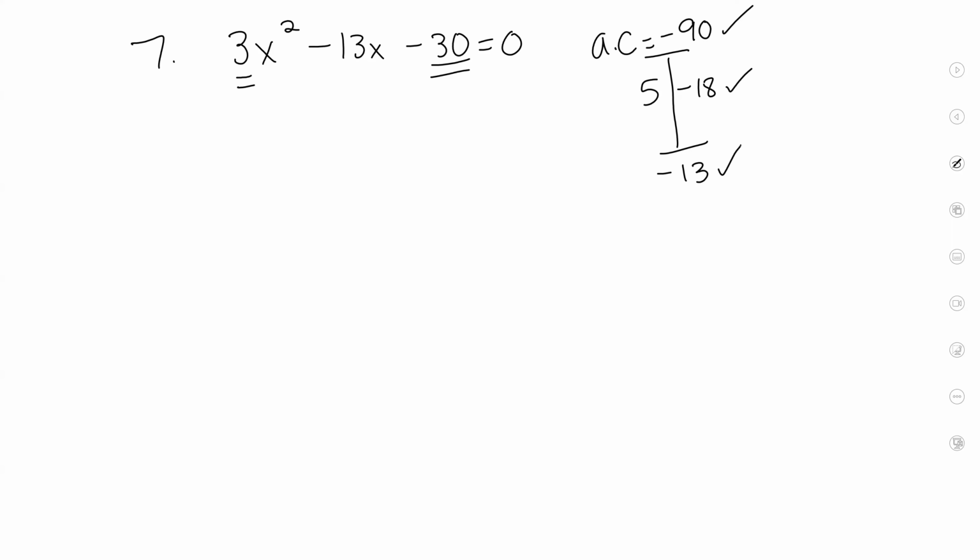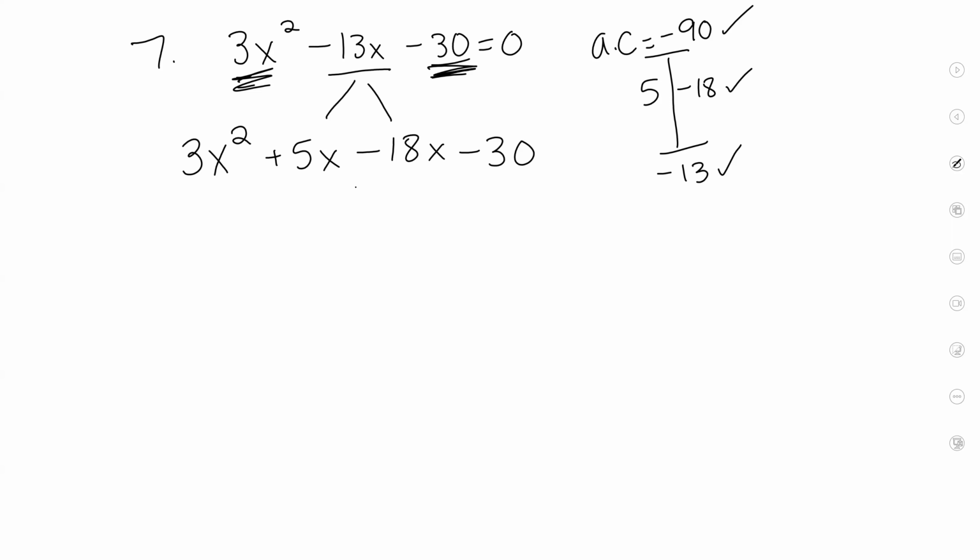So we're going to write 3x squared minus 30. These two numbers don't change. But the middle term, I'm going to write it as plus 5x minus 18x. We're going to split this down the middle.